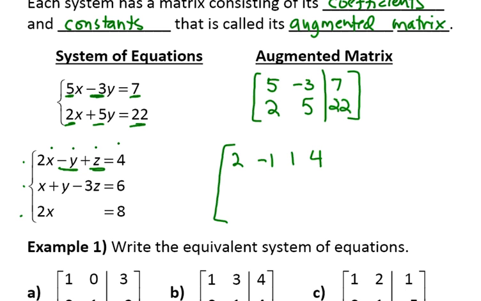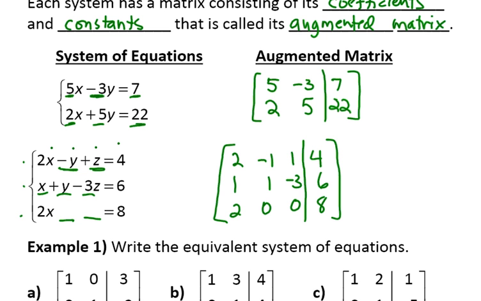In the second row, I have a 1, a 1, a -3, then 6, and then 2. And now I don't have anything underneath the y and the z, and I'm going to need to fill something in. So I'm going to put a 0 and a 0, and then put my 8. So I need to have all of those elements filled in, and that would be my augmented matrix.